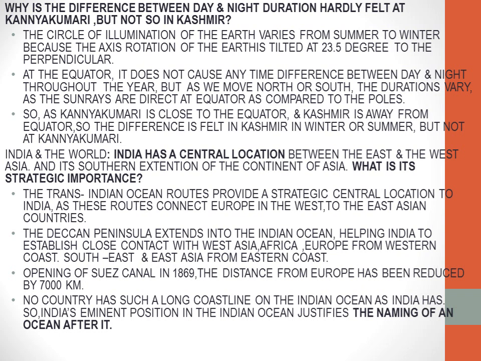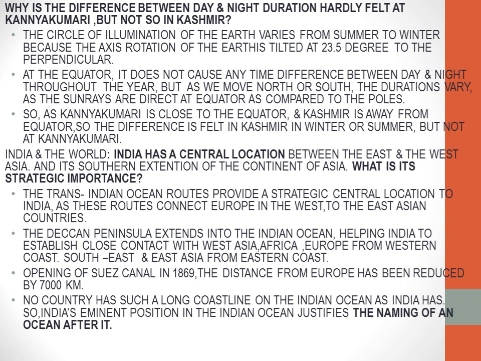At the equator it does not cause any time difference between day and night throughout the year because sun rays fall directly on the equator. But as we move towards the north pole or south pole, the duration varies, as the sun rays are direct at the equator as compared to the poles.